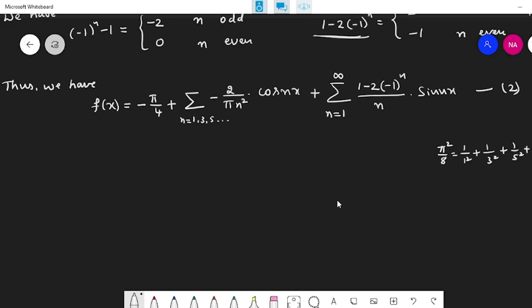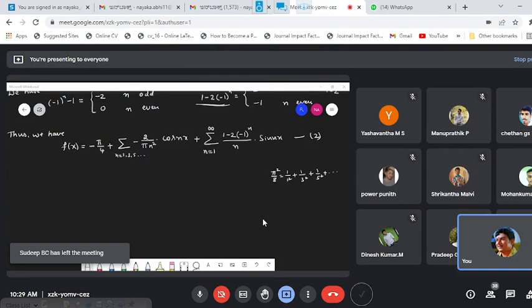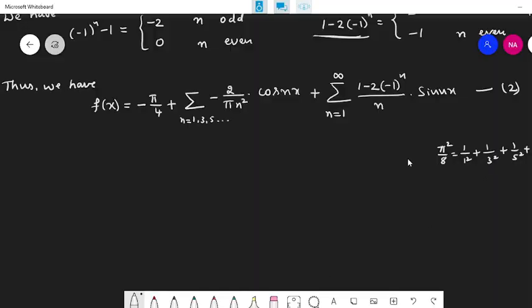Any reply from your side? Try to guess the value of x so that we can deduce the required expression from equation 2.